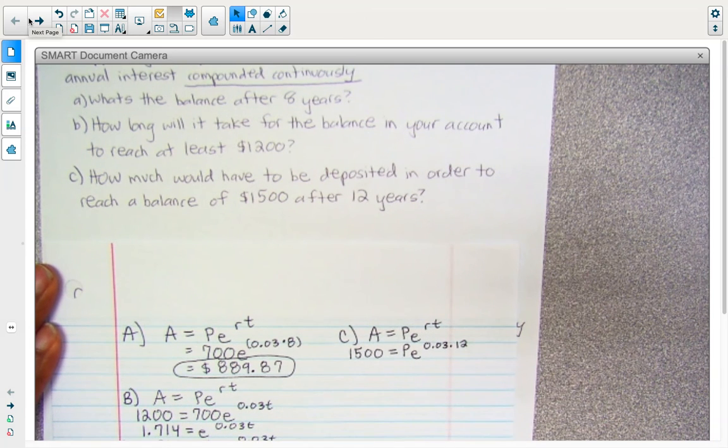So this is a straightforward problem too. This is P times all of this.